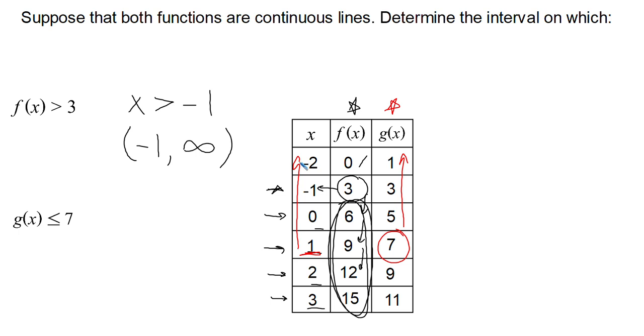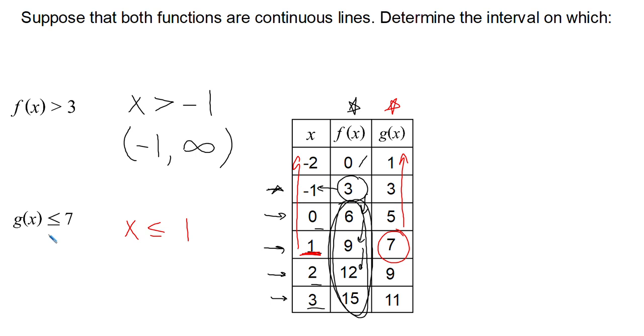So we want x to be less than positive 1, because this was a positive 1. But it could also be equal to 1, because this has an or equal to. So it's okay for x to be 1, because then we equal 7. And this says that g of x is less than or equal to 7.